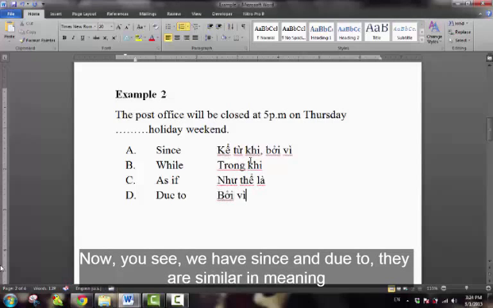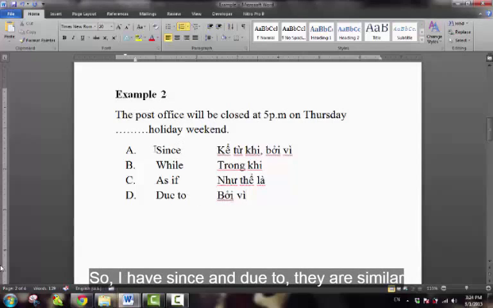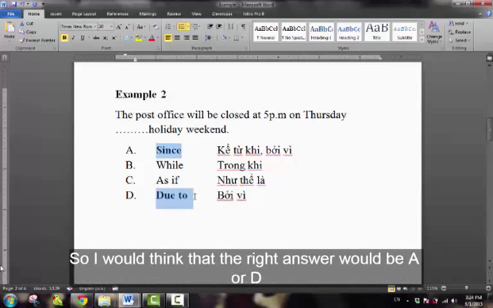Now you see, we have since and due to. They are similar in meaning. So I have since, due to. They're similar. So I would think that the right answer would be A or D.